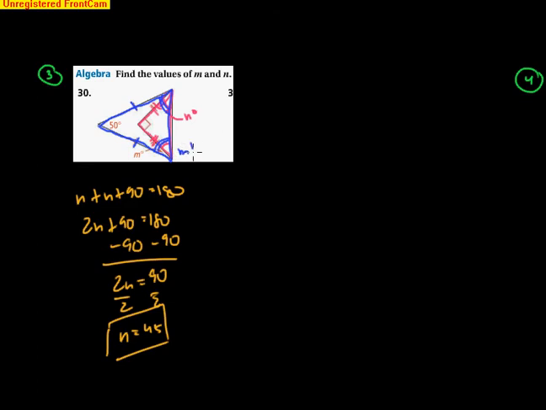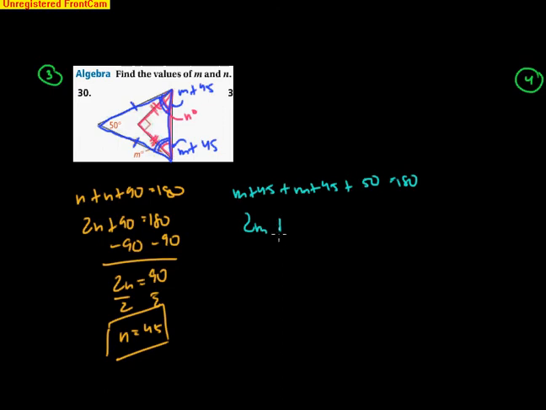It's m plus n. n is 45. m plus 45 is the corner angle of the large triangle. And again, they are congruent by the isosceles triangle theorem. So now in the big triangle, I do have the 3 angles, m plus 45 plus m plus 45 plus 50. Those 3 angles have to add up to 180. m plus m is 2m.